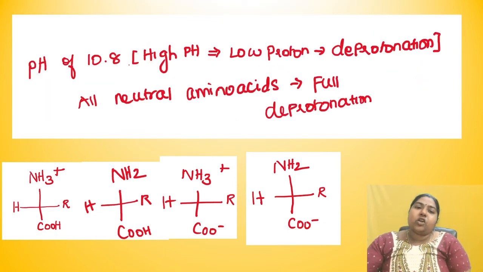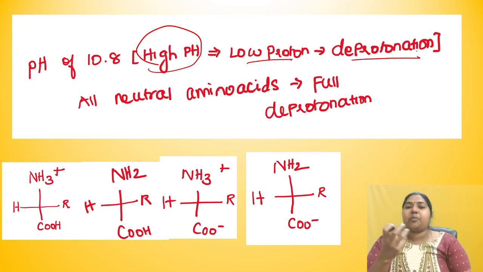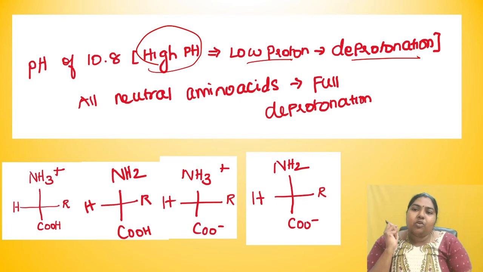Likewise, if you are having a very high pH, what will happen? At a very high pH, what is the relationship with protonation? High pH, low protonation. So it will become totally deprotonated. Deprotonated means you are going to remove the proton. Right. Yes.